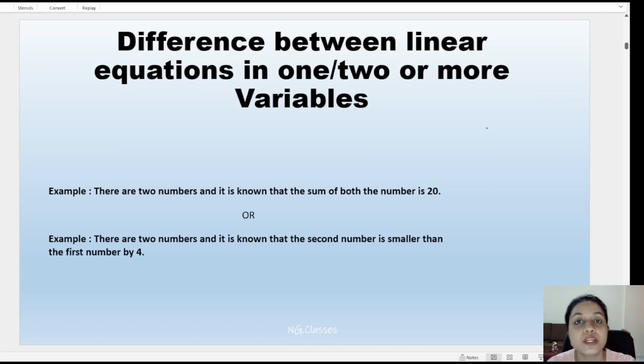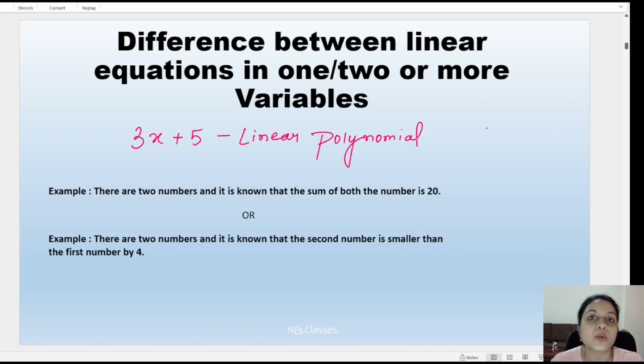So as you know, linear polynomial means a polynomial having degree 1. For example, if we are having 3x plus 5, so this is a polynomial where the degree of the polynomial or the highest power of the variable is 1. That's called linear polynomial, right? Now here we are having linear equation in two variable.